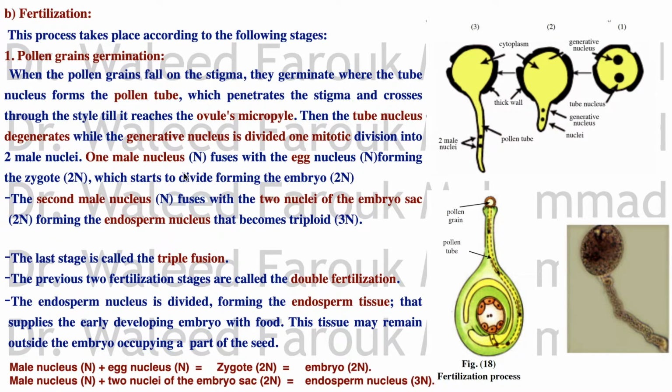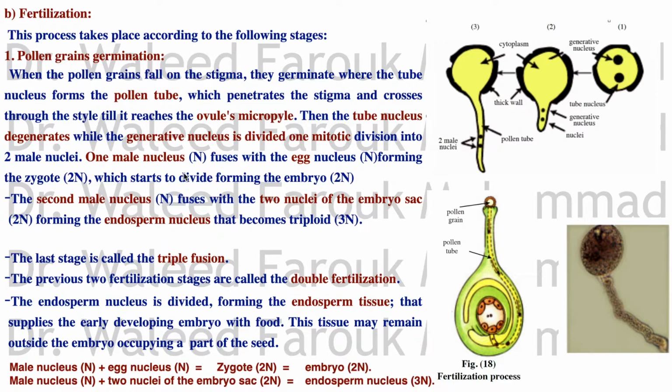Now, fertilization. I told you before to pay attention. There is a difference between formation of the pollen and pollination or the process of fertilization. Now, the pollen grain germination: when the pollen grains fall on the stigma by any means of transport, they germinate and the tube nucleus forms the pollen tube. Remember the tube nucleus we talked about earlier? The tube nucleus and the generative nucleus.